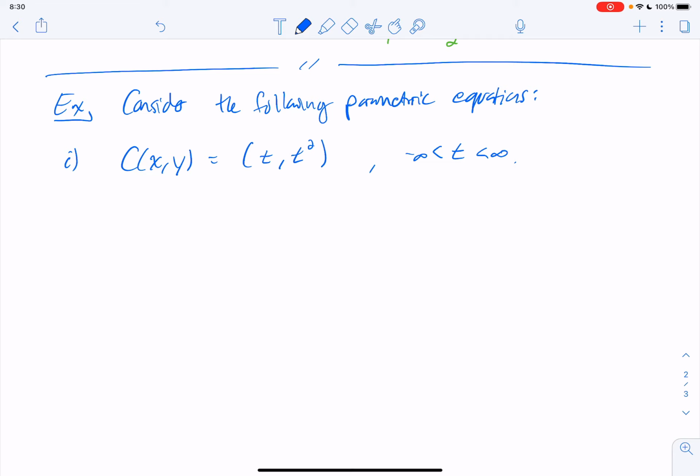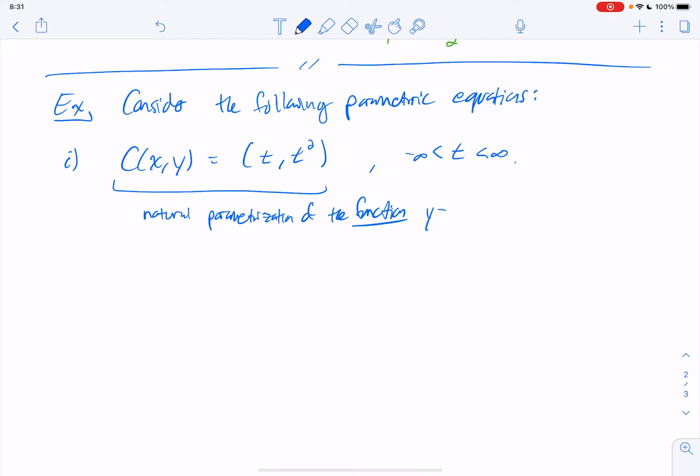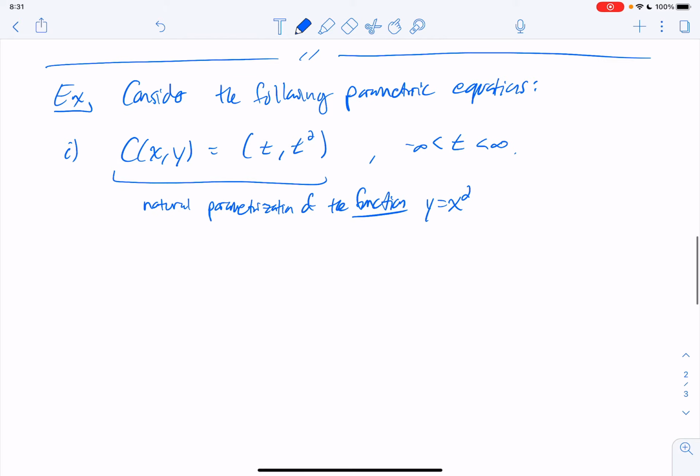This is given as the natural parametrization of the function y equals x squared. And so we know what this looks like. It's this curve right here, and we know that it traces itself out in a left to right fashion. Okay, no problem. This is something that we understand pretty well.